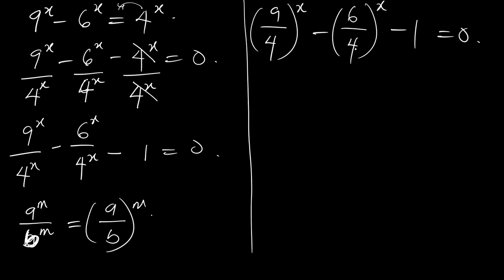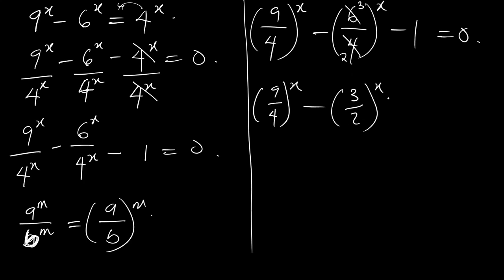Now there's something that you can divide: 6 and 4. 2 divides this, you have 3. 2 divides this, you have 2. So now you have 9 over 4 all to the power x minus 3 over 2 all to the power x minus 1 equal to 0.